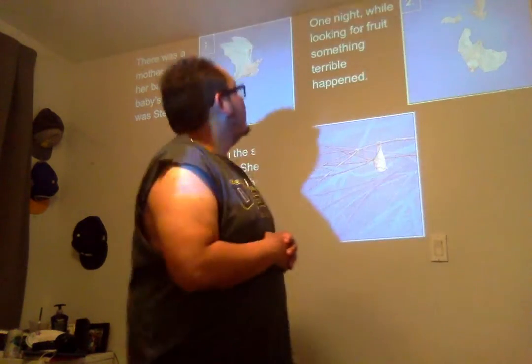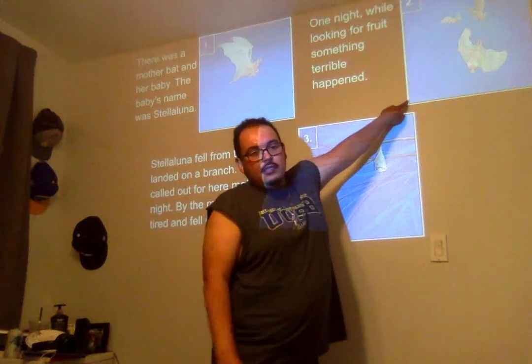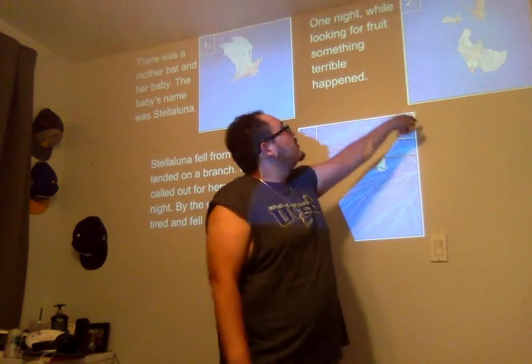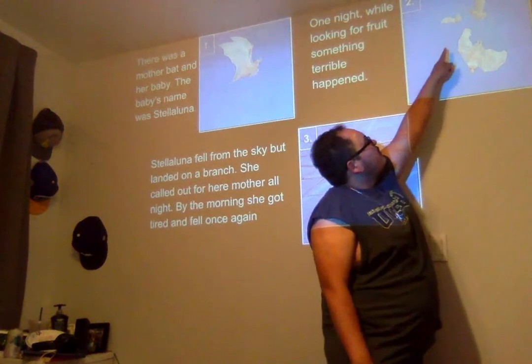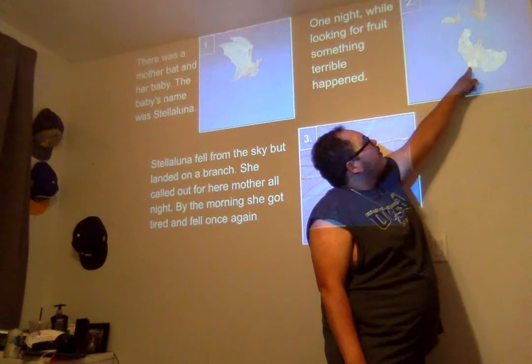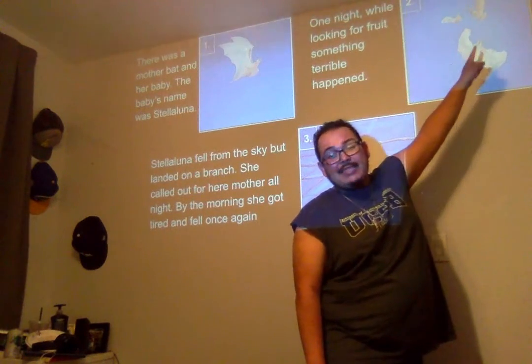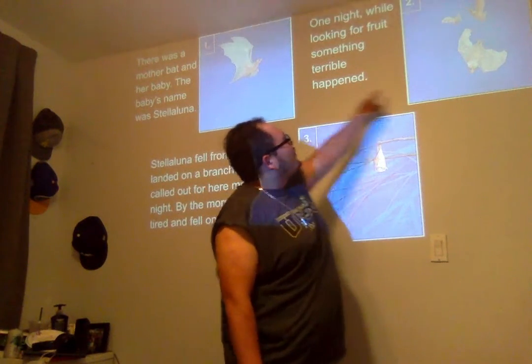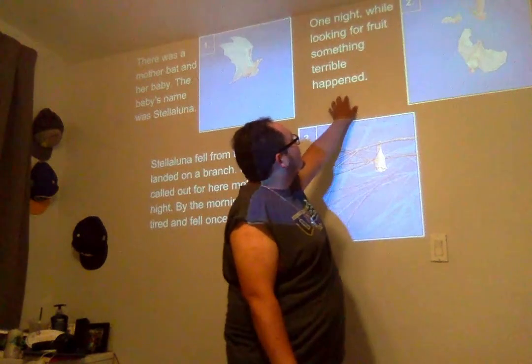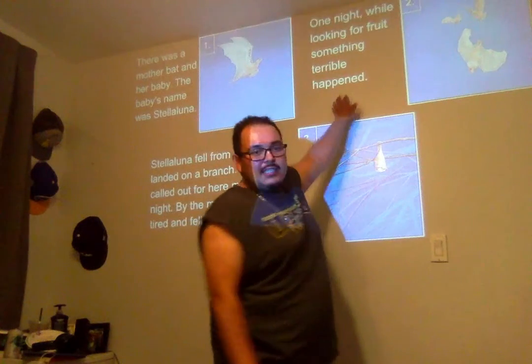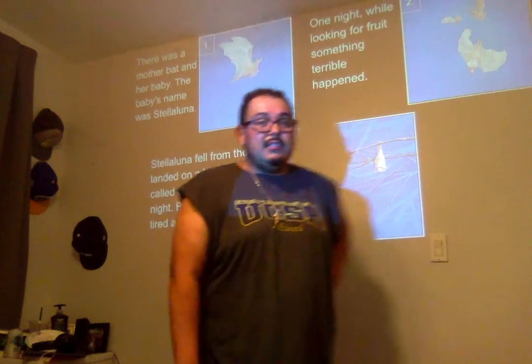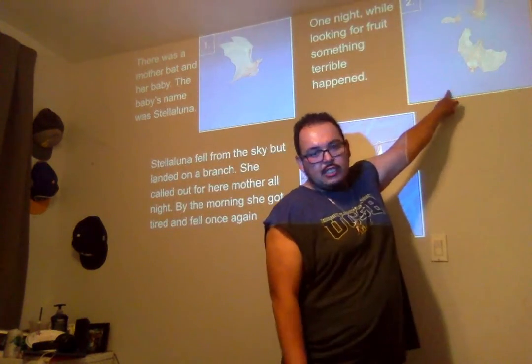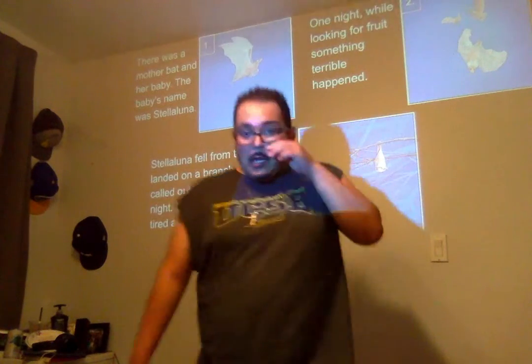You could see in the second picture or the second illustration that Stellaluna and her mother are attacked by bats. And if you look at the words that accompany this illustration, it doesn't say anything about a bat. We get that information from the illustration. All right. Let's go ahead and move on to the next.